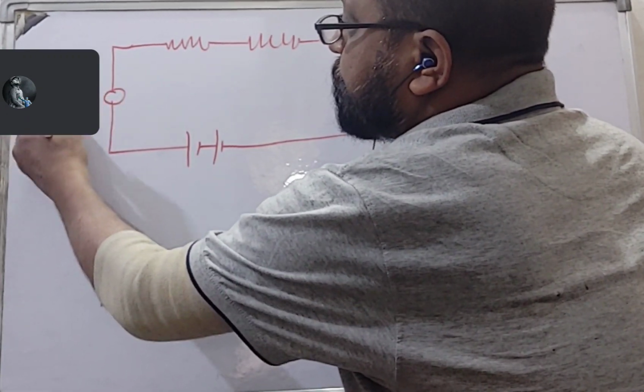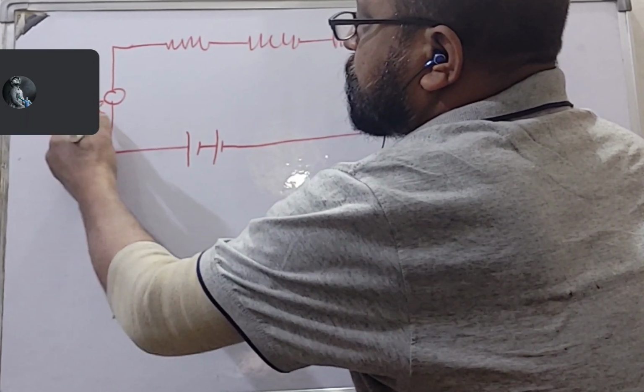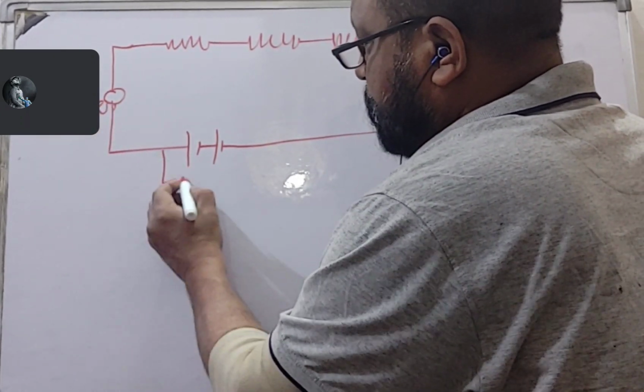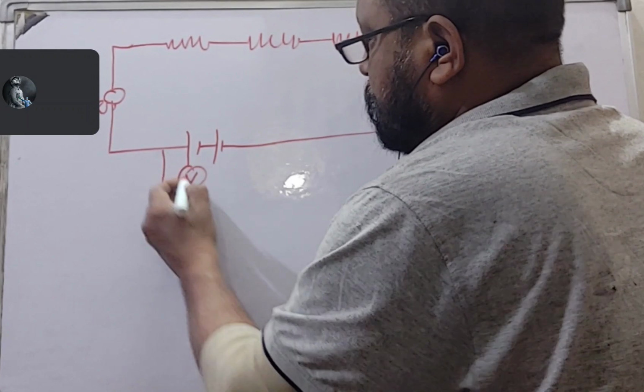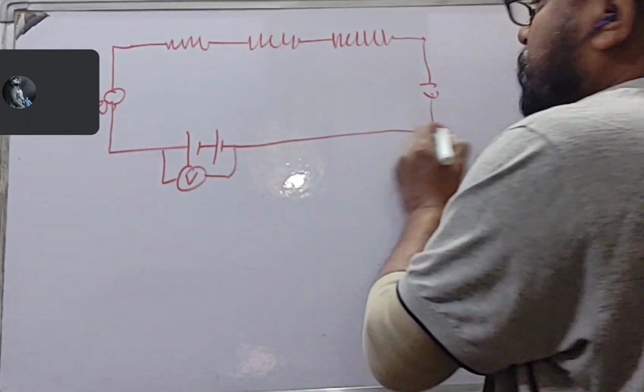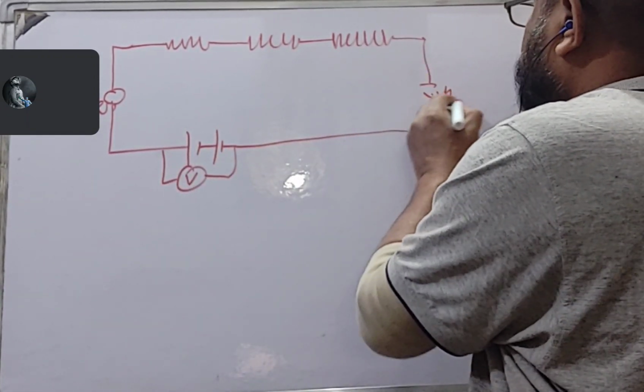This is ammeter, this is battery, voltmeter, and this is key.